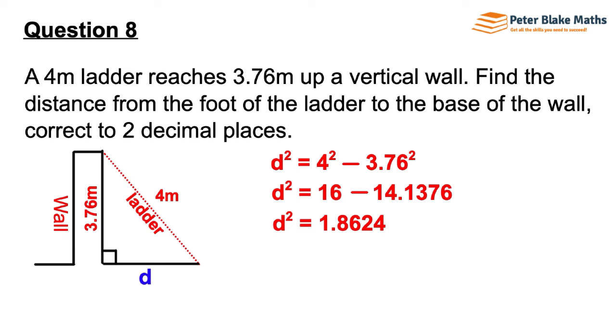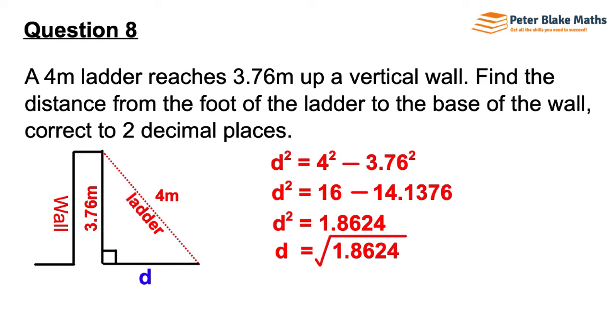And we'll tidy that up a bit more, and we get D squared equals 1.8624. Now D needs to be on its own in the end to find the distance between the bottom of the ladder and the bottom of the wall. So we'll get D on its own by undoing a square, which means we have to square root both sides invisibly there.